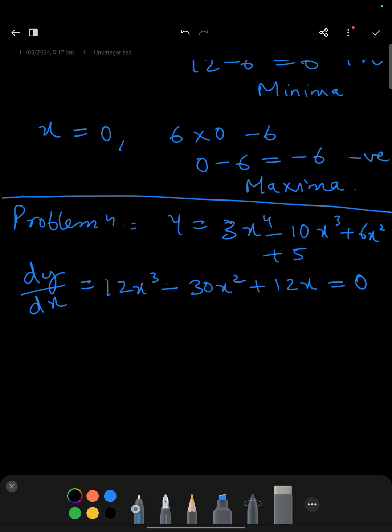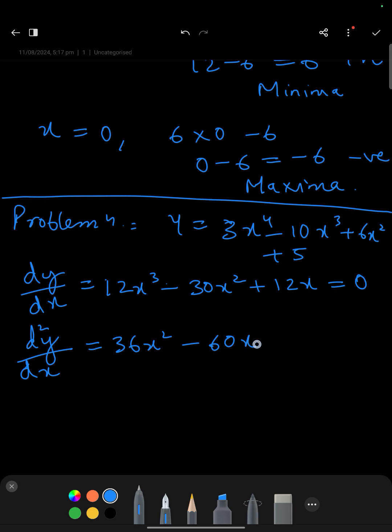First we will do the second differentiation, so it will be easy to find the value. So it will become 12 into 3, it will be 36x square minus 3 into 2 is 60x plus 12.